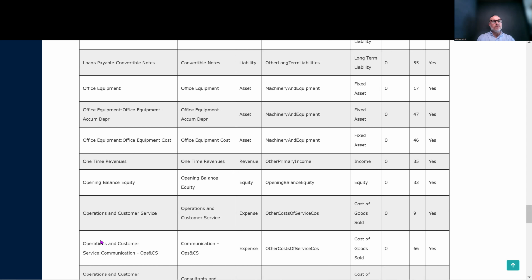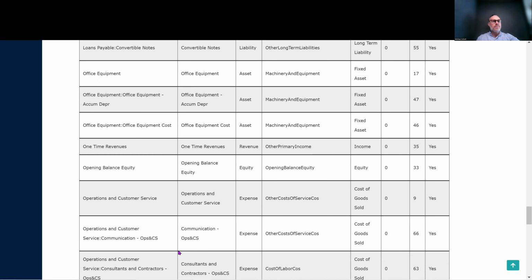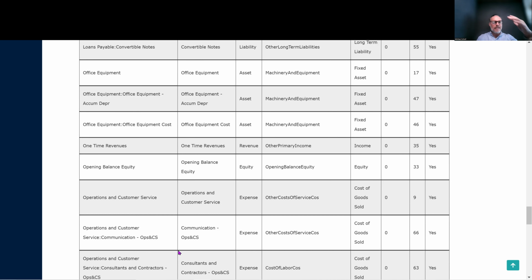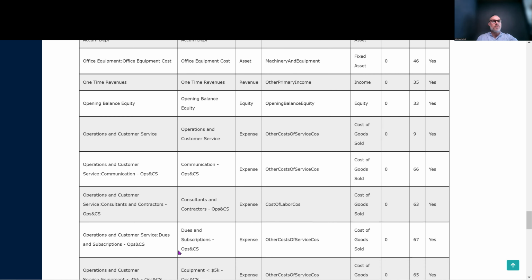We've got to understand what the COGS part of it is, or what the expenses associated with CAC might be. By separating things out, like operations and customer service, again at the 1,000 level, at the highest level, is super important.